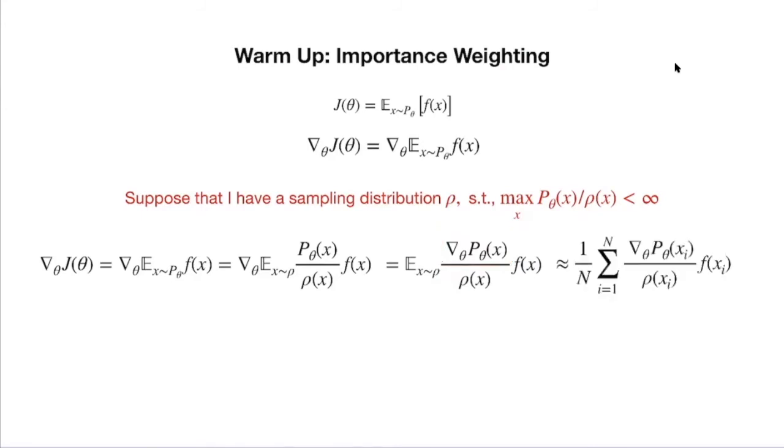All right, so why is this nice? Now we can actually draw samples from rho and approximate this gradient using an average. So let us sample x_i, i equal to 1 to n, iid from rho. I just sample n points from the uniform distribution and plug into this formulation, and I get an unbiased estimate of my gradient.